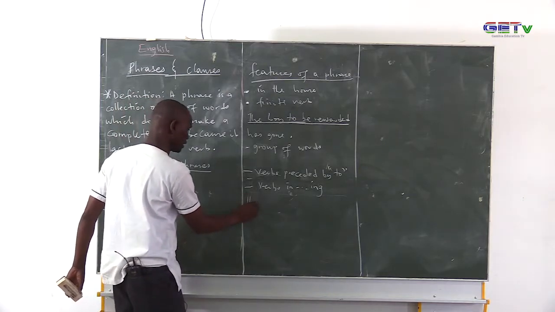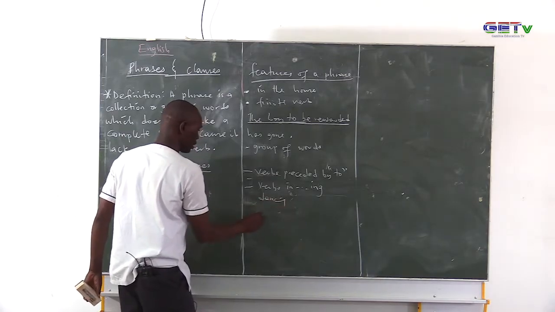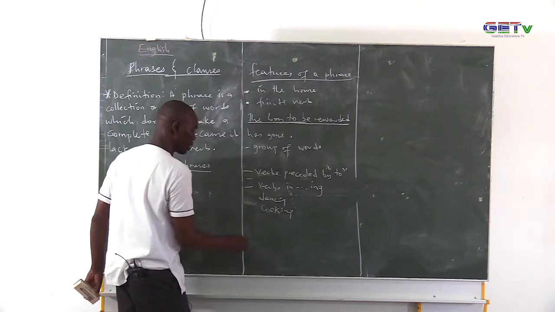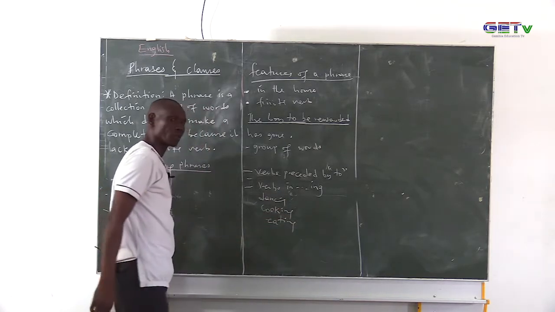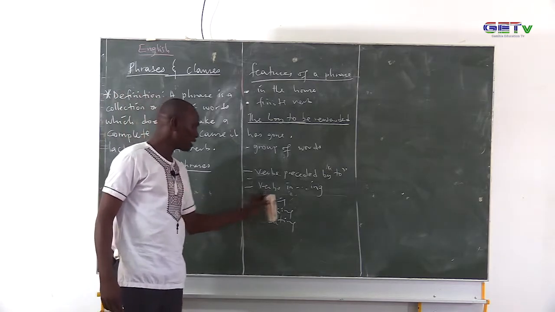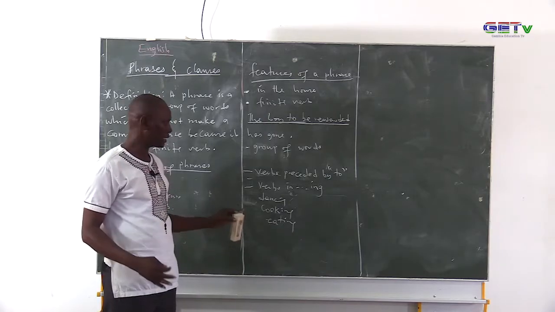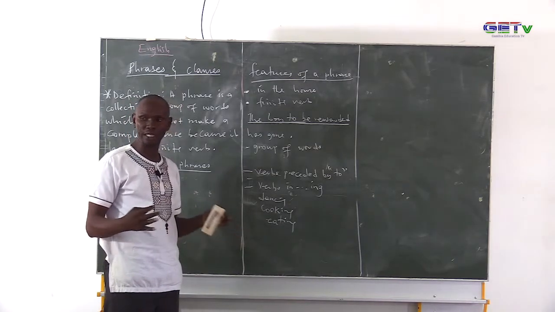If I say, for instance, words like dancing, cooking, eating, all these are verbs in ing form. So when you look at this, if you use them in context, then they become non-finite because they cannot change their forms, either if you change the subject or you change the time.